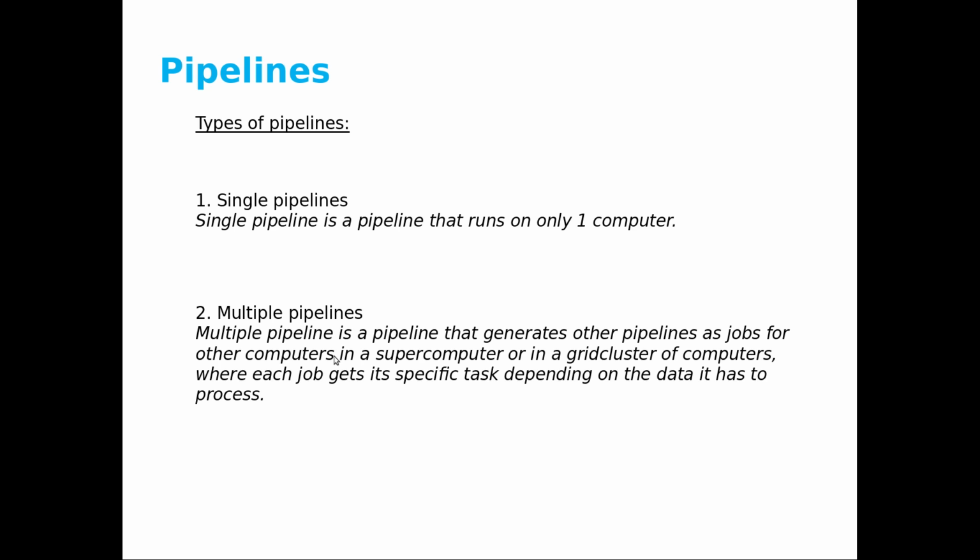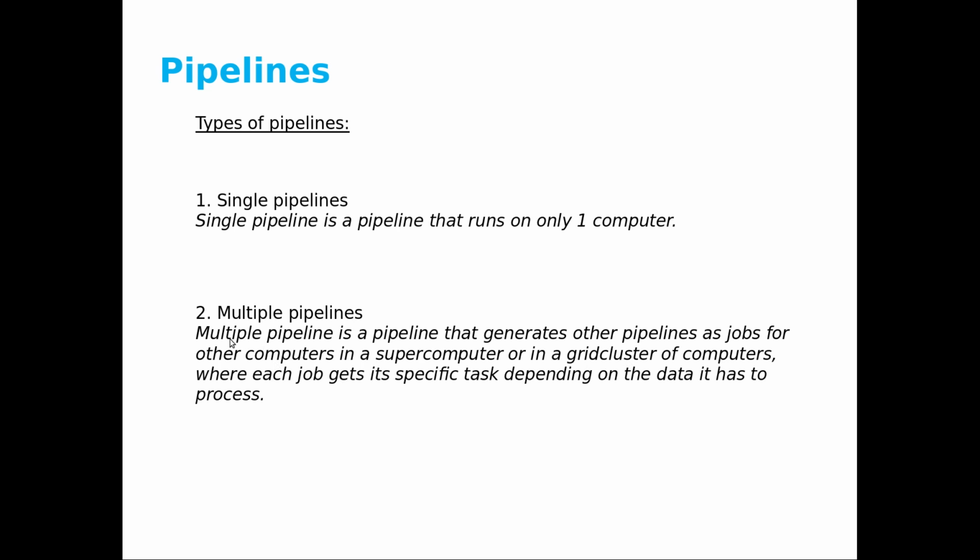The other type of pipelines, multi-pipeline, is as follows. It's called multiple pipeline. It's a pipeline that generates other pipelines. So you run the pipeline as jobs for other computers in a supercomputer or in a grid cluster of computers, where each job gets a specific task depending on the data it has to process.